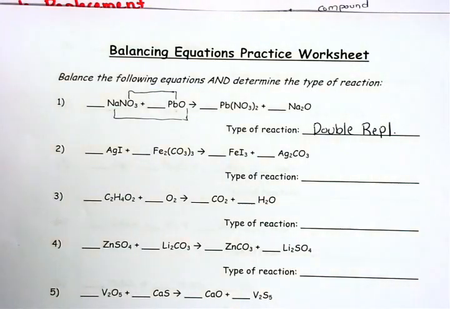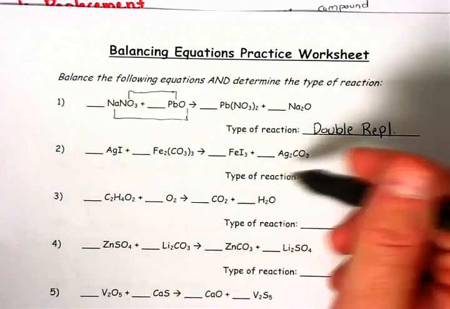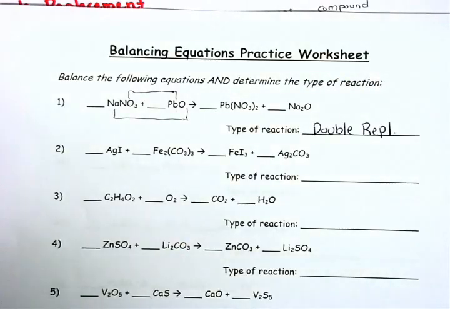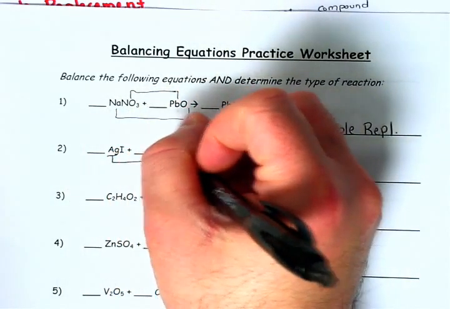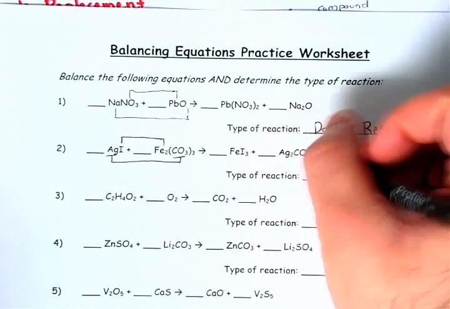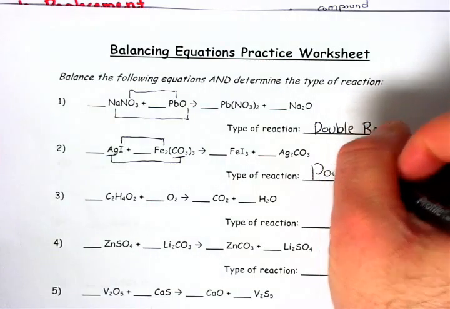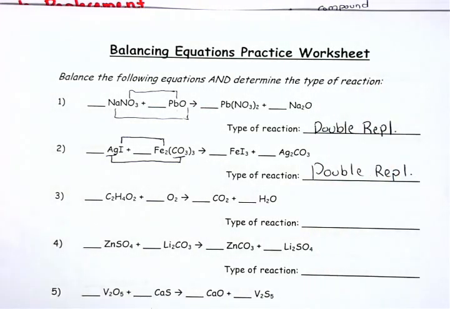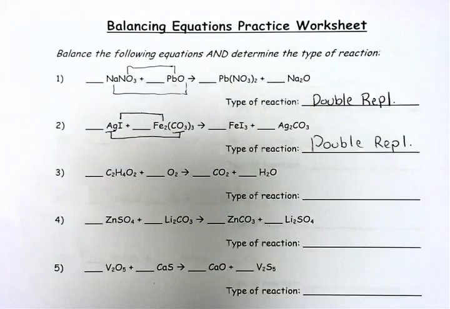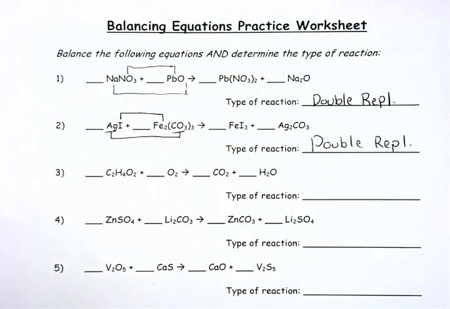AgI with Fe2(CO3)3 and then FeI3, Ag2CO3, sorry. Another double, yeah, right, because Ag is now with the CO3 and Fe is with the I, so I've got another case of a double replacement. Cool? How about C2H4O2 plus O2 making CO2 and H2O?